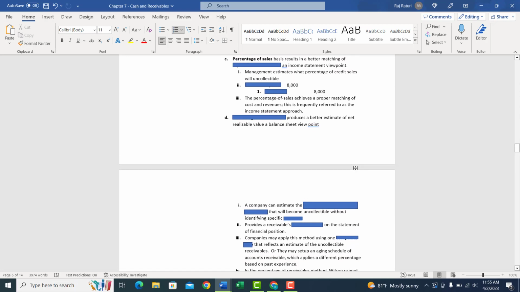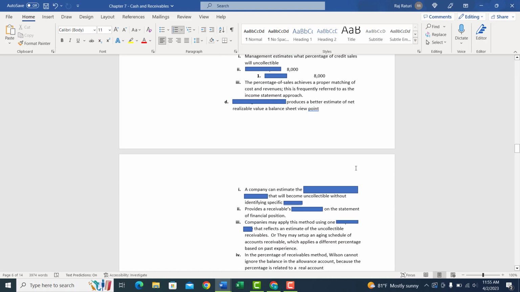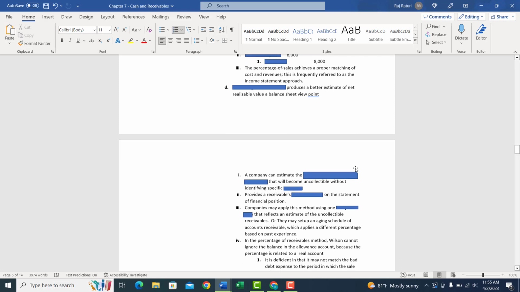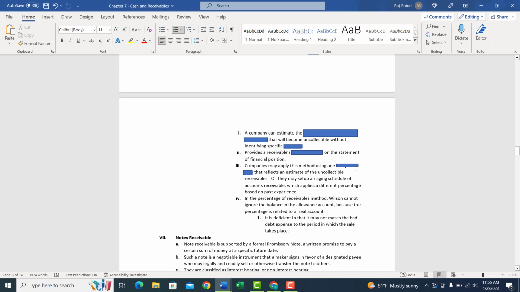Percentage of receivables provides a better estimate of net realizable value. This is the balance sheet approach. A company can estimate the accounts receivable that will become uncollectible without identifying the specific account.